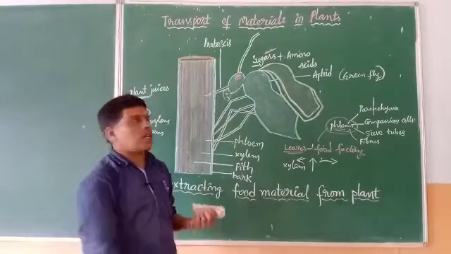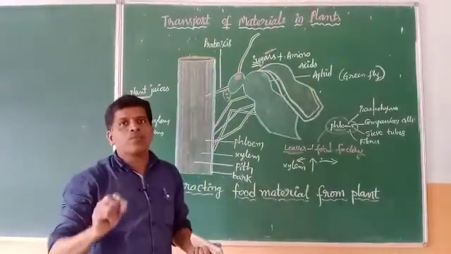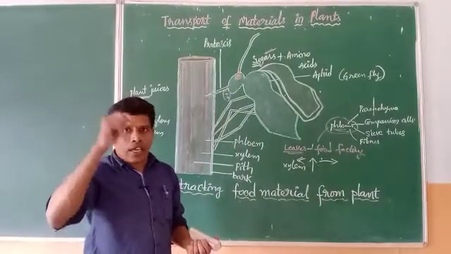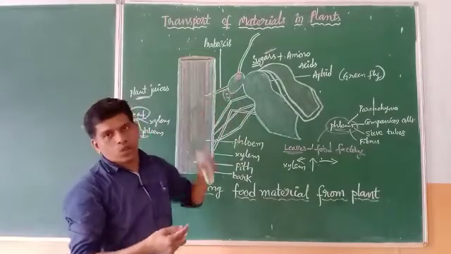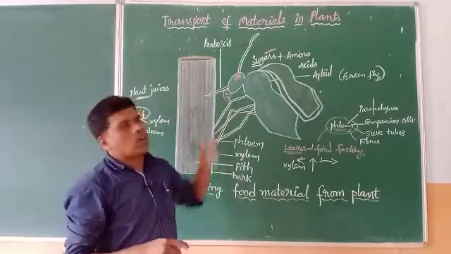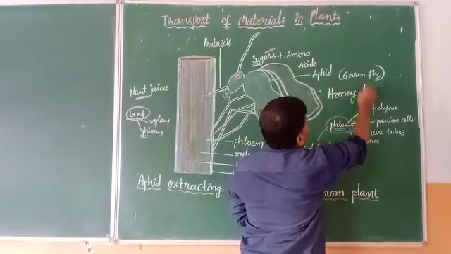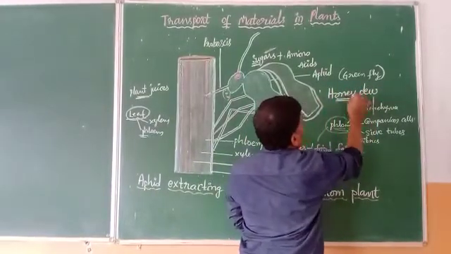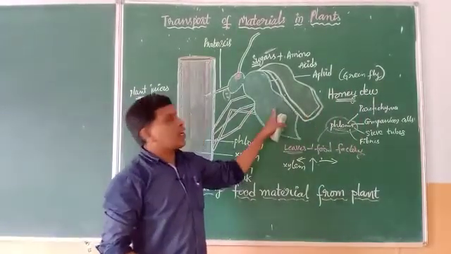What is that sticky nature? It is because of the sugary material. So when you find a leaf sticky, you can understand that an aphid might have come to that leaf and consumed the sugars. The extra sugars which fall there are called honeydew. So it is the extra material eliminated from the body of aphid-like insects.